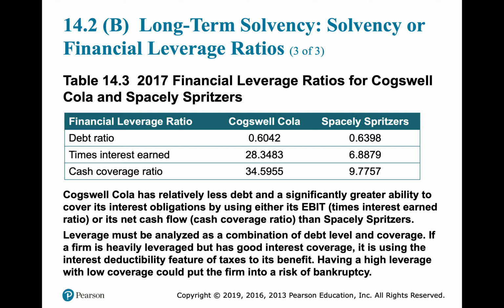Now when we look at their debt ratios, Cogswell has a smaller debt ratio than Spacely. In terms of debt to assets, that's a good thing because that means we're using less leverage to be in business. The smaller your debt ratio is, the less debt you have incurred to pay for all of your assets. So Cogswell is basically outperforming Spacely in every way, shape, or form in this area of evaluation.